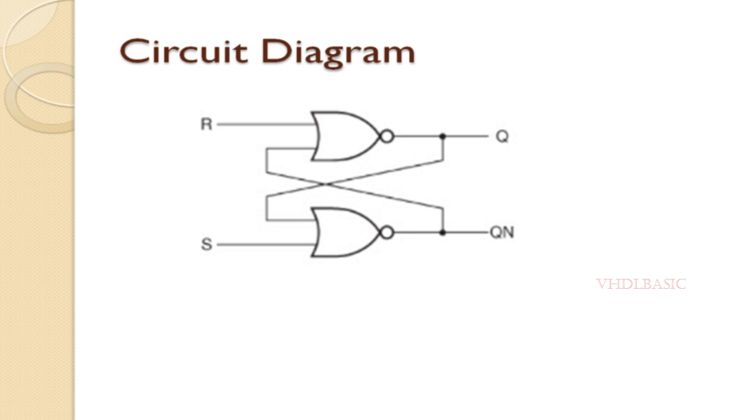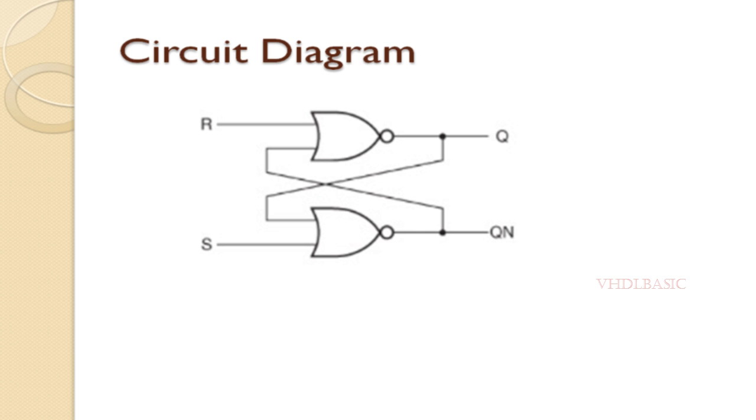When 1 is applied to both set and reset inputs, both outputs go to 0. This state is undefined and is usually avoided. If both inputs now go to 0, the state of the flip-flop is undetermined and depends on which input remains 1 longer before the transition to 0.